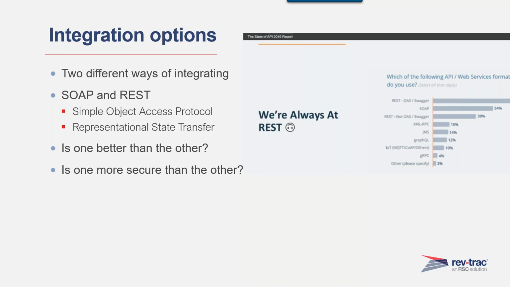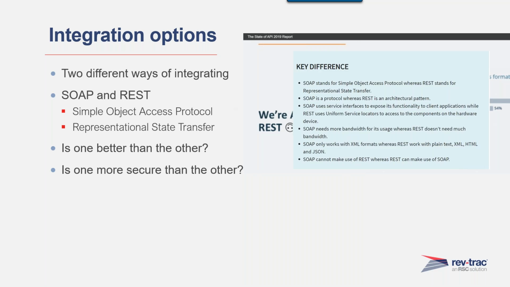But we're not really here to dictate what's right for you, SOAP or REST. And most large organizations, probably everybody on today's webinar, will have a mix of both today. And Revtrack supports both. Just another quick comparison we felt that you might find helpful, which shows some of the differences, perhaps some of the advantages of REST over SOAP and why the market is sort of moving that way.